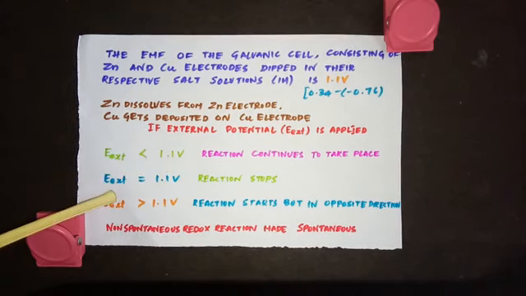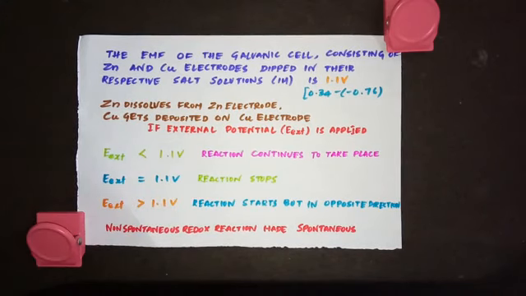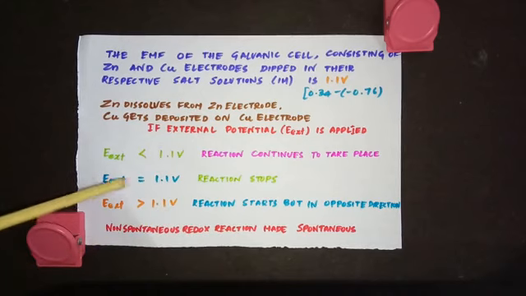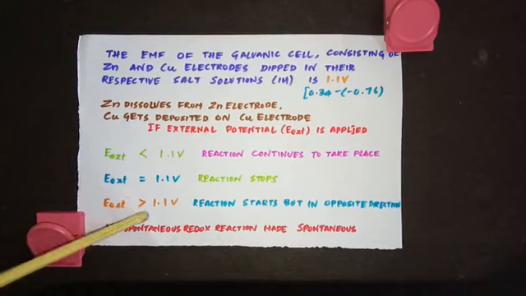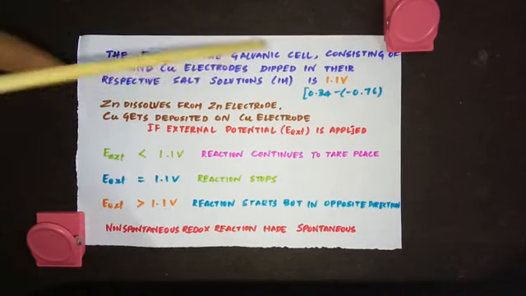If the external potential is equal to 1.1 volt, what will happen? The reaction stops. No more reaction will take place, and when the reaction stops, no current flows through the cell. Now you are gradually increasing the external potential to be greater than the EMF of the cell.